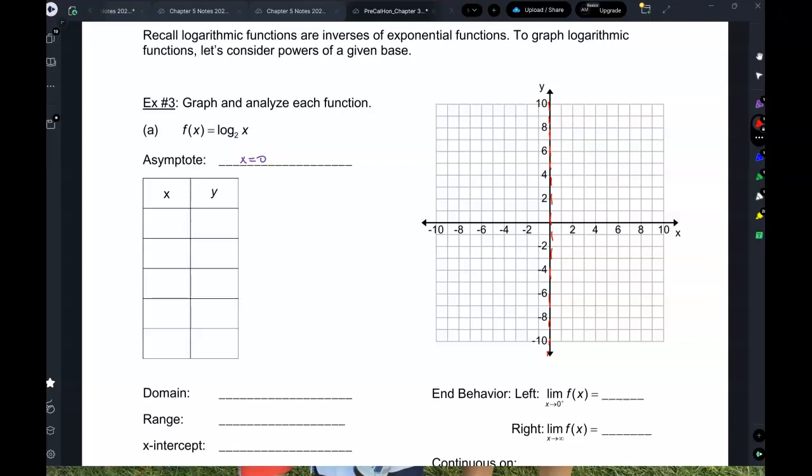And what are the powers of 2? So it's 2 to the 0 is 1, and then 2, and then 4, 8. And now if you're going the other way, so 2 to the 1 is 2, and then 4, and then 8, and 16. Now if you're going the other way, 2 to the 0 is 1, then 1/2, 1/4, and so on, right? Those are going to be our values.